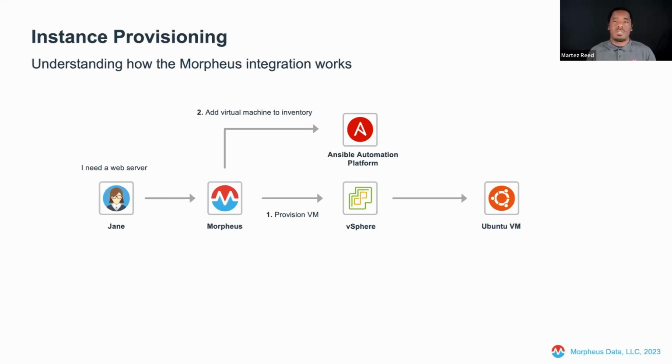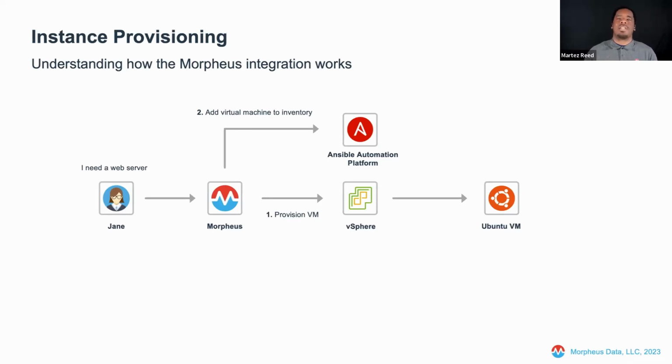And so what Morpheus would do once it hits that post-provisioning process is, the Morpheus platform knows information about that particular Ubuntu VM, things like the IP address in particular. And so we utilize that information to populate the Ansible Tower, Ansible Automation inventory, the inventory that we talked about that the platform relies on to identify or target the specific systems.